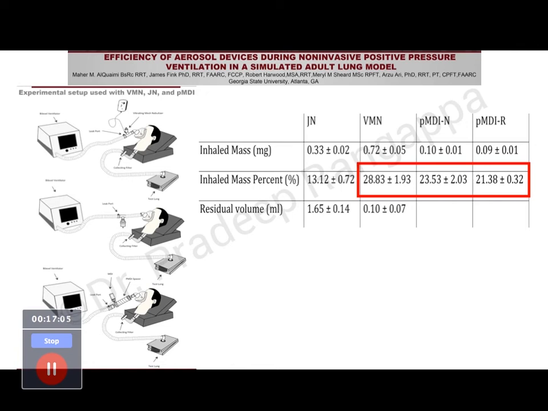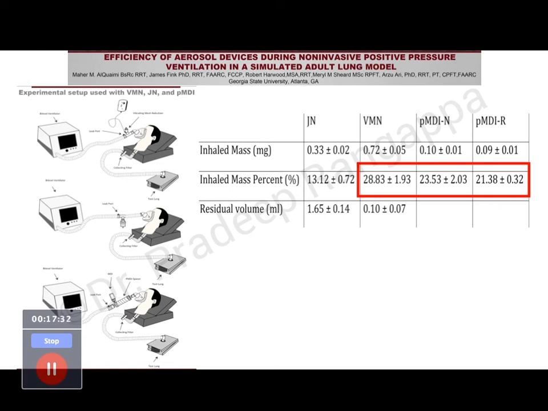As you see through and through, vibrating mesh nebulizer by principle has a better ability to deposit aerosols in the lungs when compared to the jet nebulizers, which many of us still continue to use conventionally. And positioning, we need to have clarity. If you are using it in mechanically ventilated patients, it needs to be close to the ventilator. If you are using NIV, it has to be closer to the mask to prevent the expiratory losses.